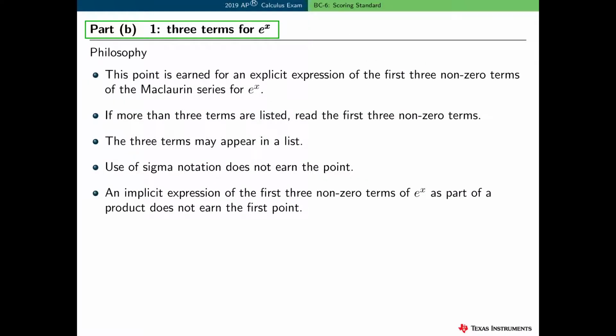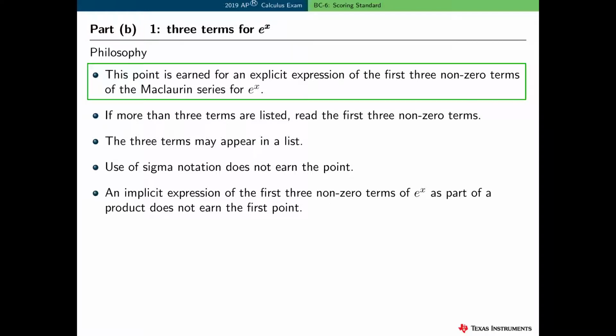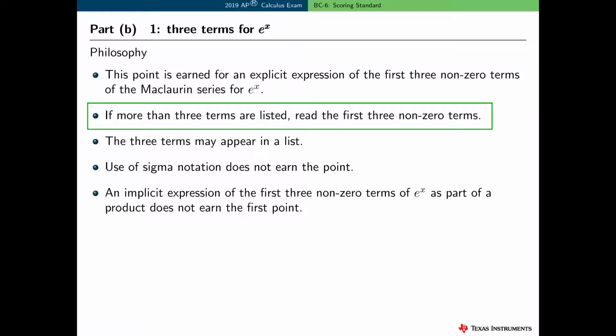The first point in Part B was for the first 3 terms of the Maclaurin series for e to the x. And here's the general philosophy in scoring this problem. We must see an explicit expression of the first 3 non-zero terms. If there are more than 3 terms listed, we will read only the first 3 non-zero terms and ignore the rest.